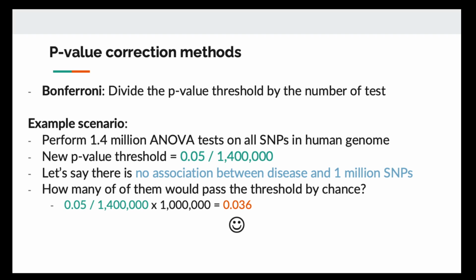So for the ANOVA result that has been collected, you can trust most of the SNPs that you found, because almost none of them are false positives. So this is the importance of why we have to do correction for multiple testing.